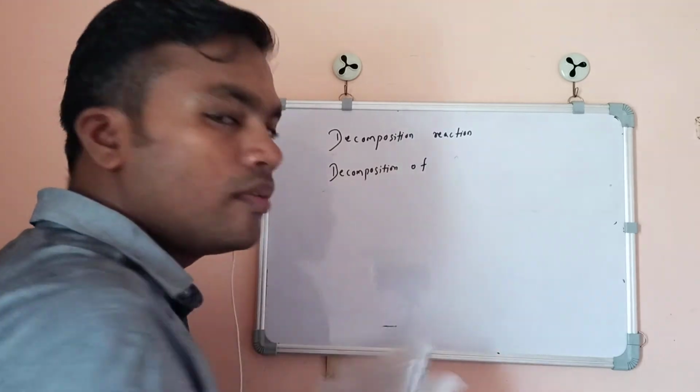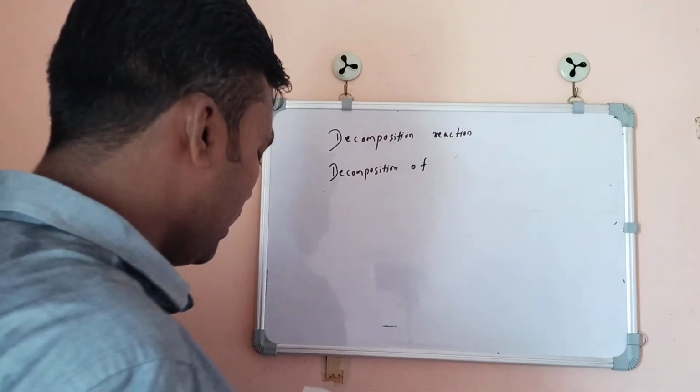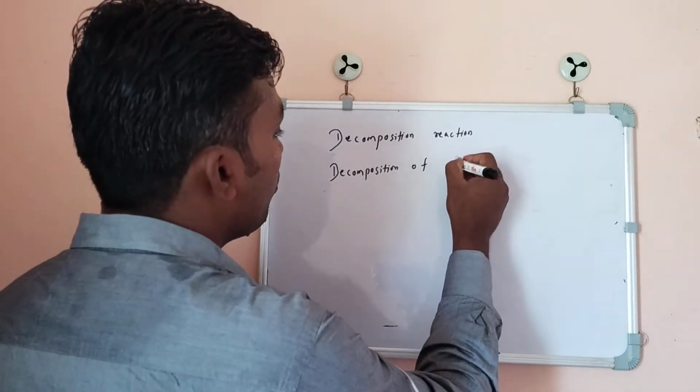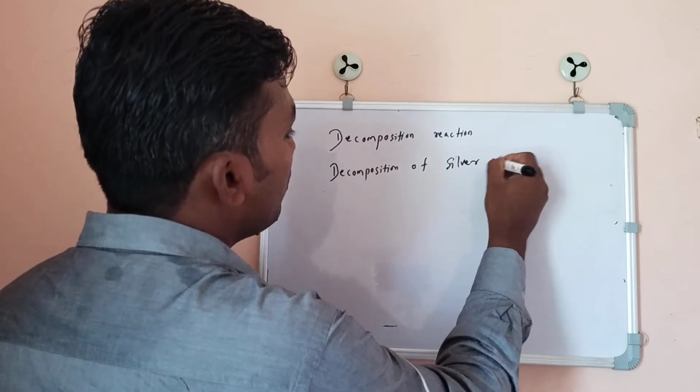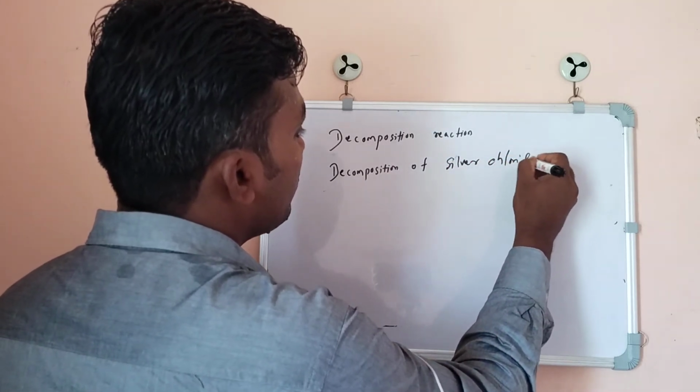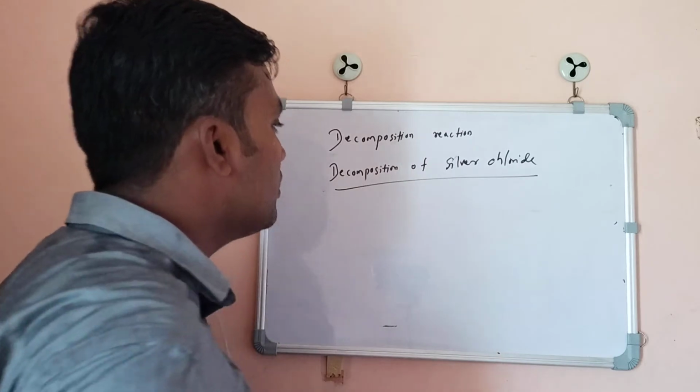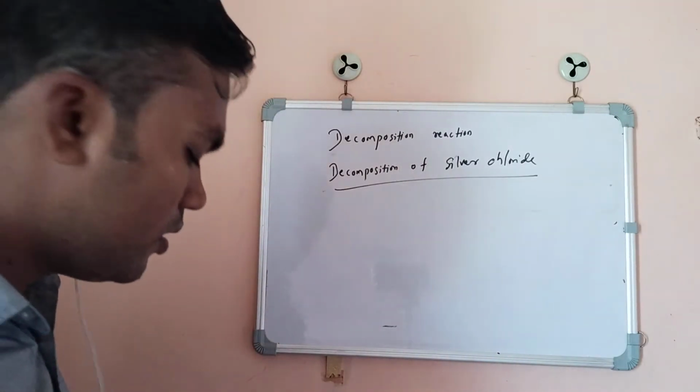Another example for the decomposition reaction is decomposition of silver chloride.